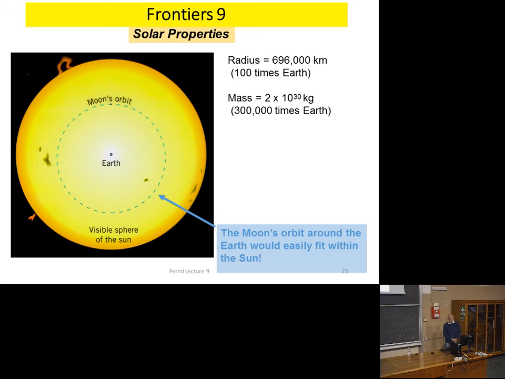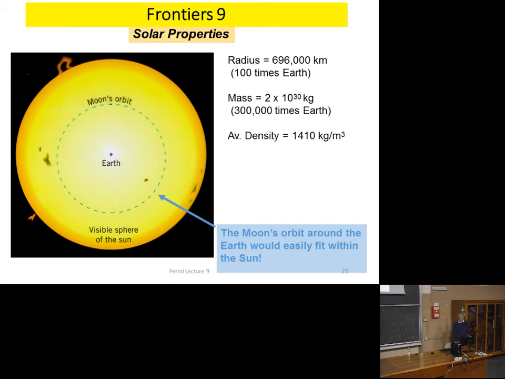The mass of the sun is 300,000 times the mass of the Earth. So the amount of mass that's in the sun is huge compared to what we're used to on the Earth. A black hole has to be something like 10 million times the mass of the Earth.